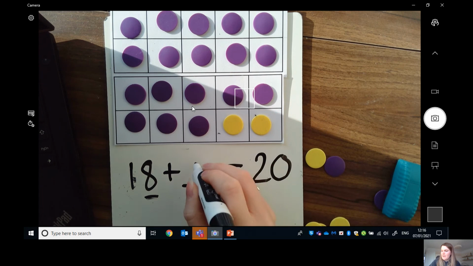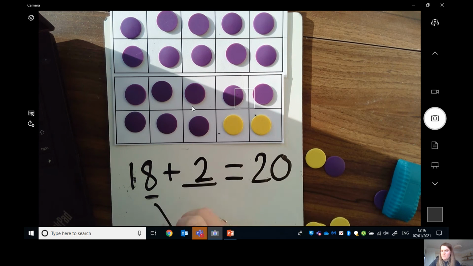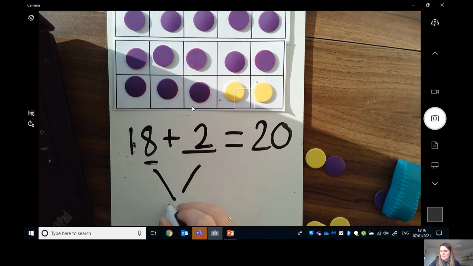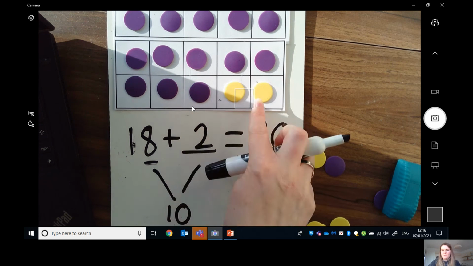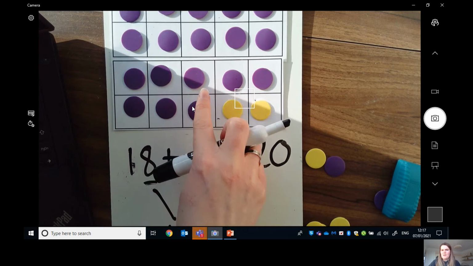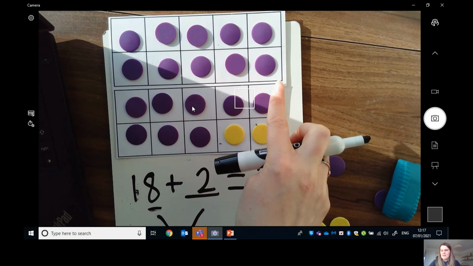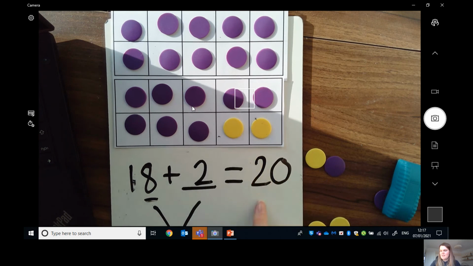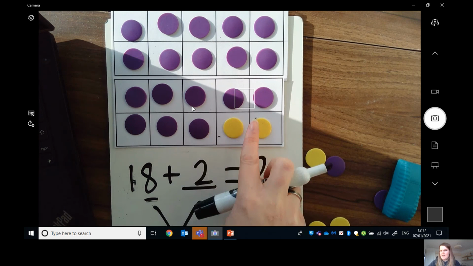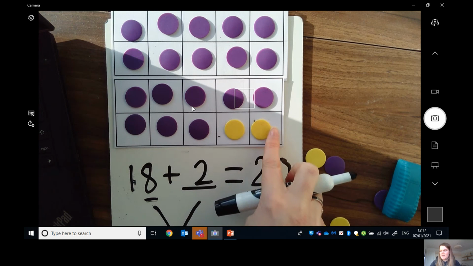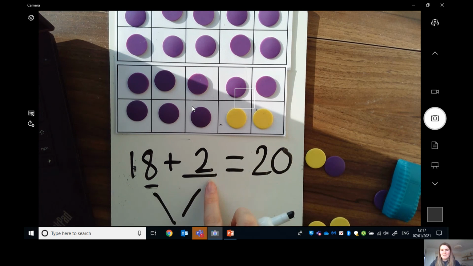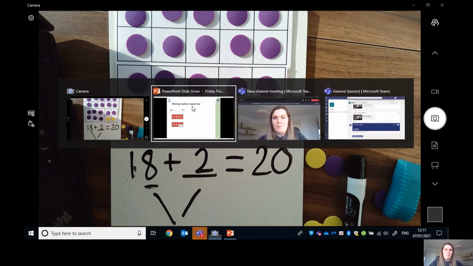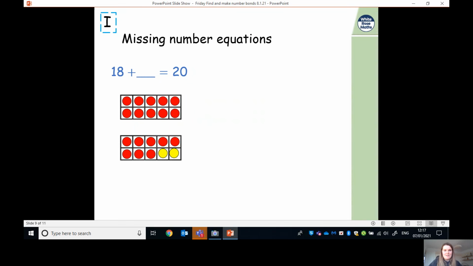So I think it's 2 because I know that 8 plus 2 is 10 and that's filled out that grid. So 18 plus 2 has got to be 20. Let's check. 18, 19, 20. So the missing number was 2. Fab. Check. 2. 18 plus 2 is 20.